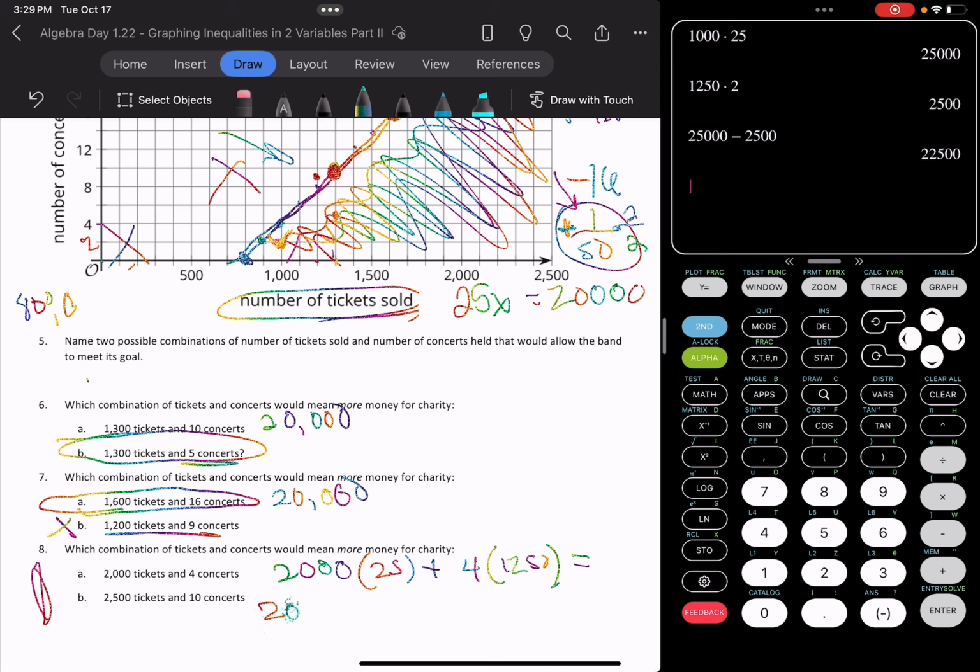And then same thing here, 2,500 tickets times 25 plus 10 times 12.50 and see how much that is. And also, I made a mistake. This should be minus because we're subtracting the fee, right? So not adding the fee, subtracting the fee there. So go ahead and plug those numbers in, see what you get, and see which one you think is more.